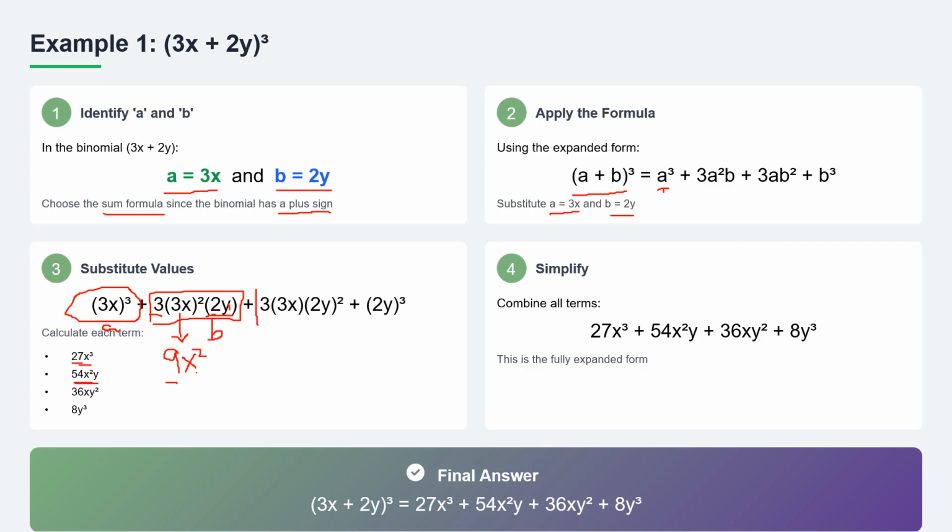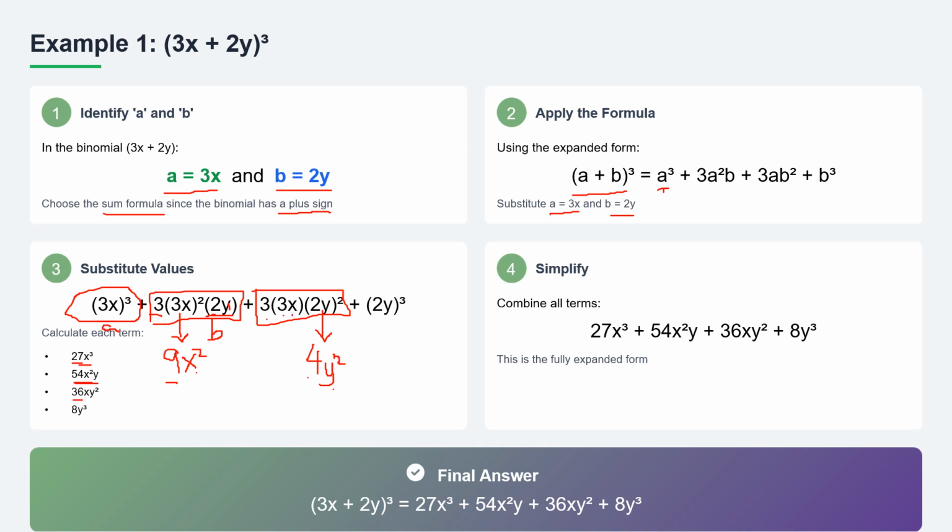The third term, we're also going to simplify it. Since we have 2y squared here, let's expand this first. So 2y squared will give you 4y squared. Then multiply it with the rest of the factors. So 3 times 3 is 9 times 4 is 36.